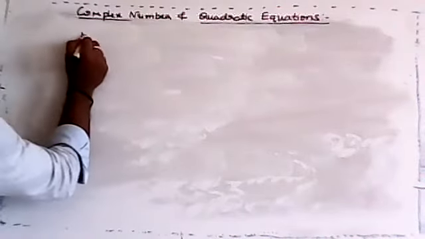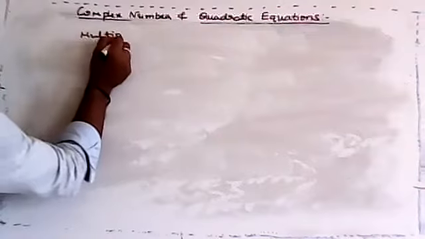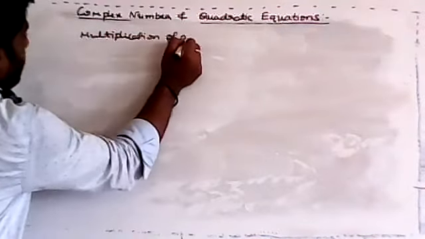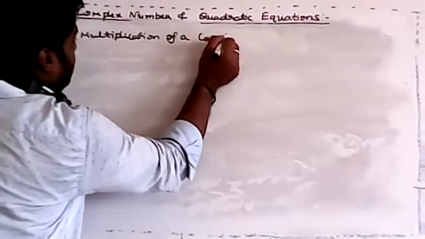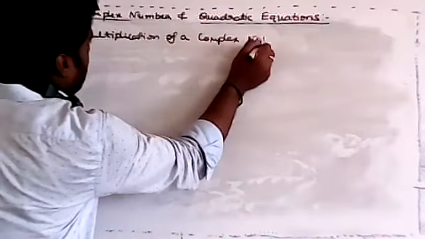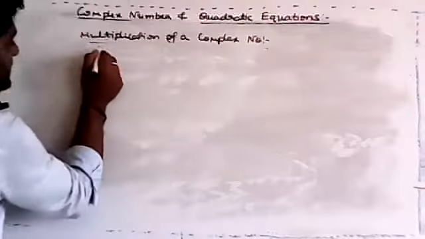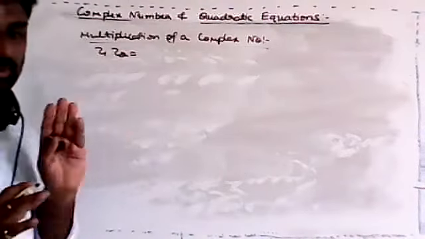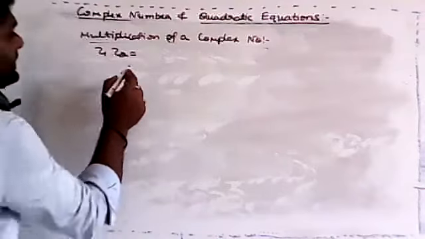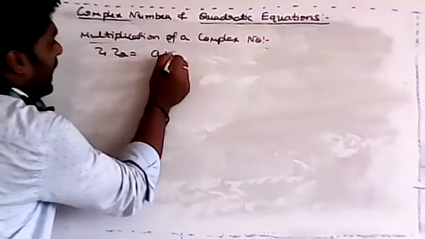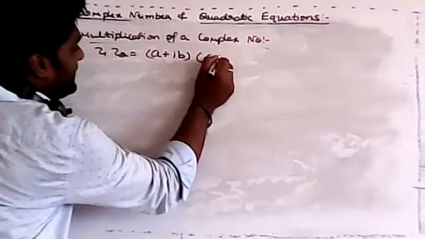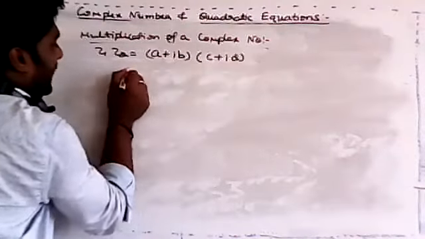So see here, multiplication of a complex number means how you write z1 into z2, no? Correct, z1 into z2. What will I take as z1? A plus ib into z2 is c plus id. Correct or not?